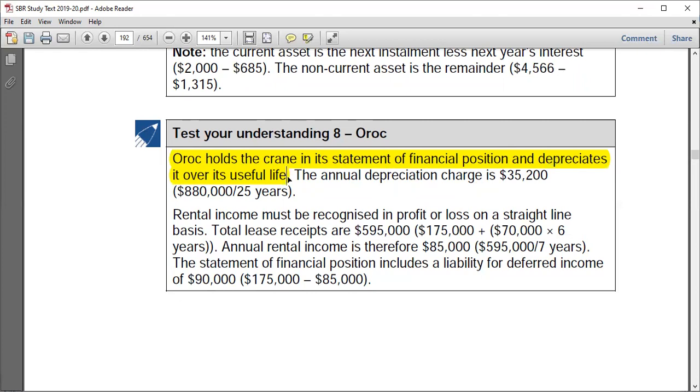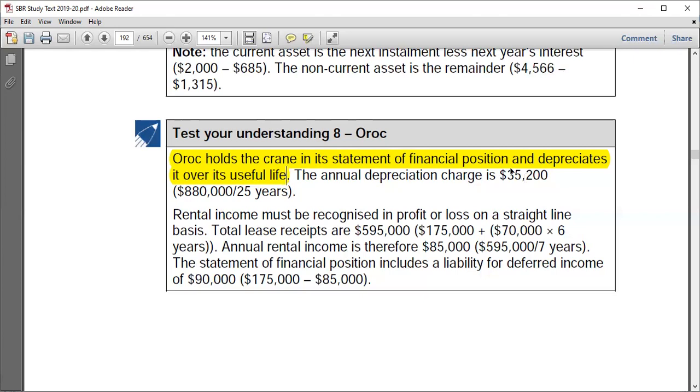So you still remain with your asset as usual. Orok had an asset worth $880,000, used for 25 years, so you just depreciate it as usual. You get the annual depreciation charge of 35,200. The double entry for depreciation: debit depreciation in the income statement, then credit that asset by the same figure.